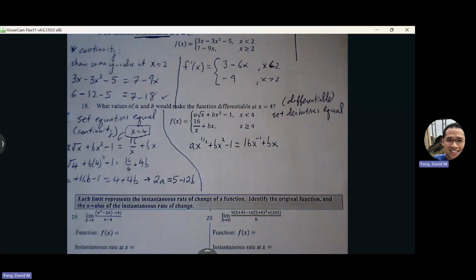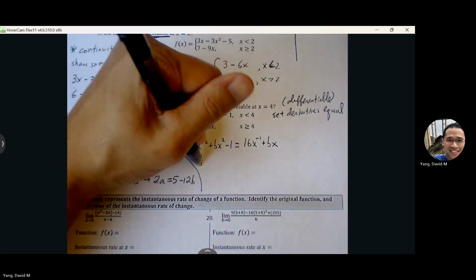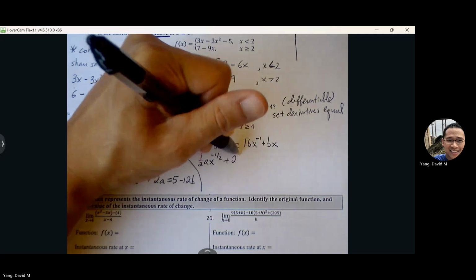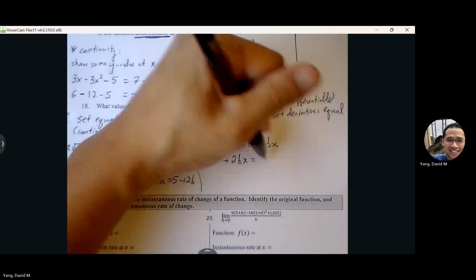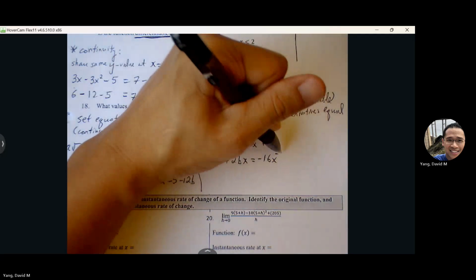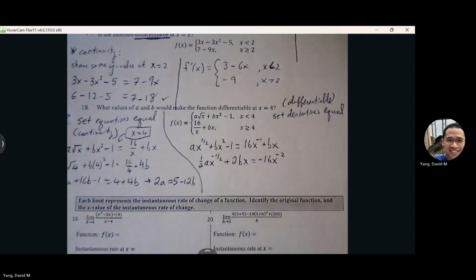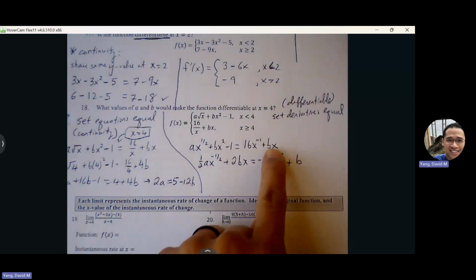So remember, treat A and B like coefficients, right? There's just some unknown number hanging out in front of your variable. What's BX's derivative? Just B. Imagine if this is 4x. 4x will become 4. 8x will become 8.